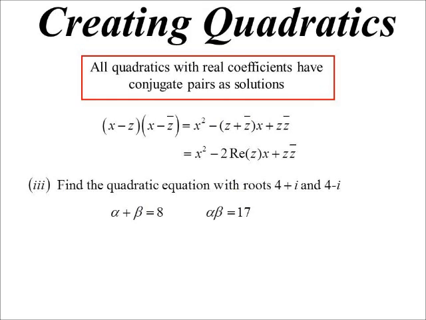You might not actually write this down, this might be a process in your head. And the product of the roots is going to be the real part squared plus the imaginary part squared. So 4 squared plus 1 squared, 17. So my quadratic is x squared minus 8x plus 17. There's the equation, rather than wasting time expanding the whole thing out, collecting like terms and so on.